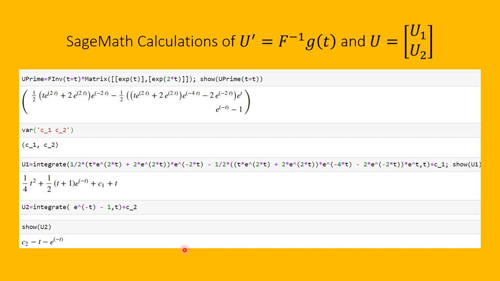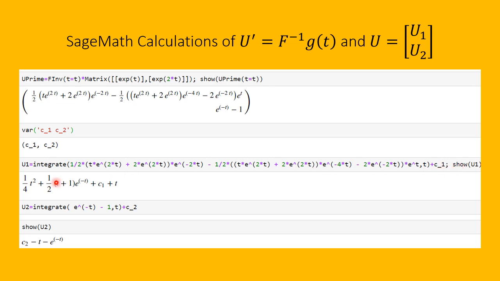Okay, and then after integrating that, the integrate starts after this left parenthesis and ends with this right parenthesis here. I'm going to add an arbitrary constant c sub 1 to it because SageMath doesn't put that in for us. And then I'll show what u sub 1 is.